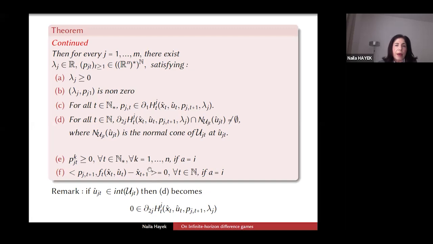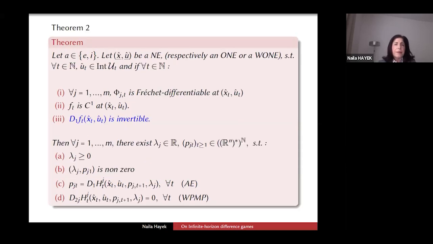So if we are in the case of a difference inequality, we can add two other results to these first four: the adjoint variables will be non-negative, and we have the condition that pjt plus 1 times ft of xt minus x hat equals 0. So we have the exclusion relation.